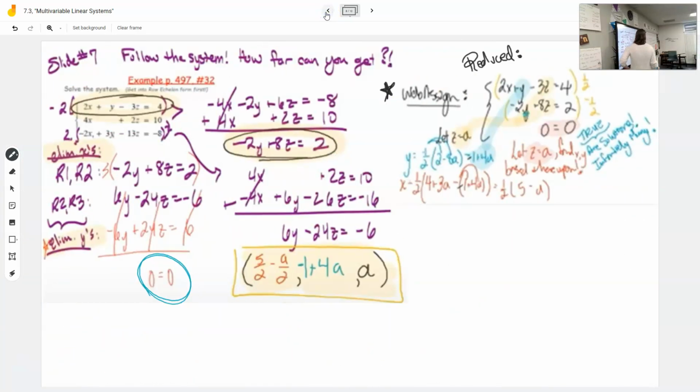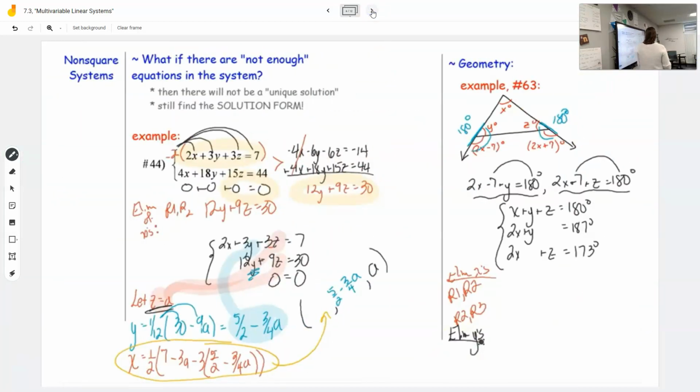Remember that we mentioned if you get a true statement when solving down, we let z equal a, and then we do back substitution to solve for everything else. In the other example, when we have what's called a non-square system, we need that third equation to make it nice and proper, since with 3 variables we need 3 equations.